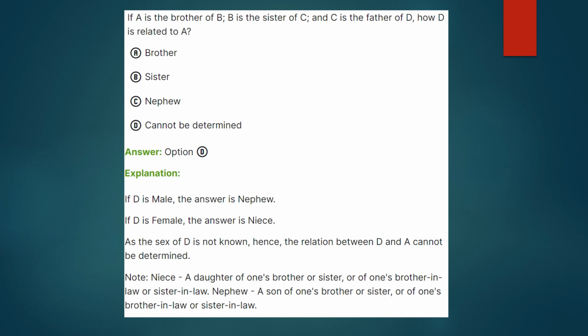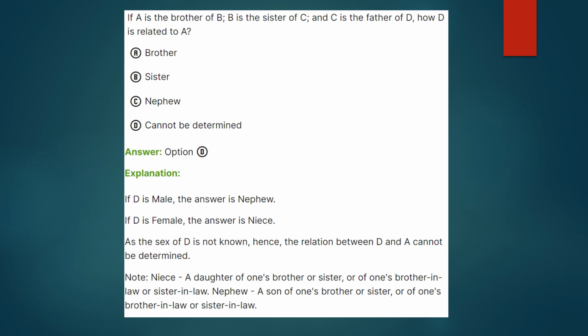If D is female, the answer is niece. So because of which we are not able to opt either the C option or the B option. So you can choose here cannot be determined, because clear information about male or female for every variable is not mentioned.